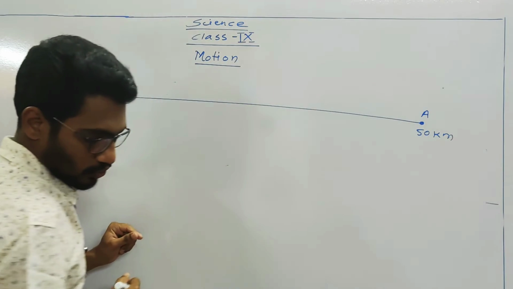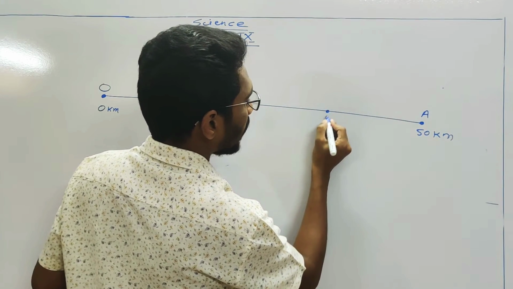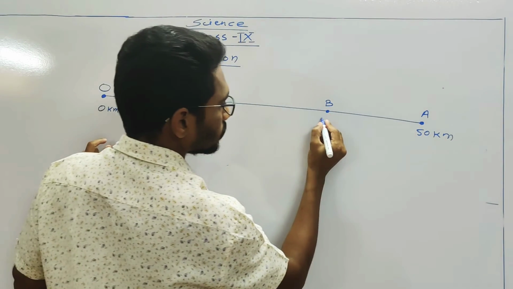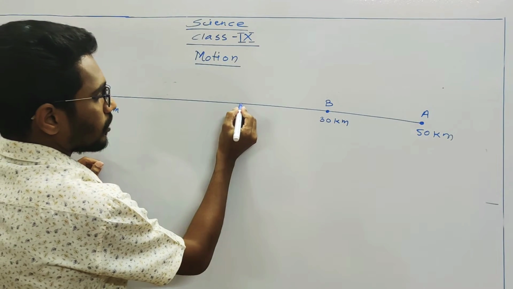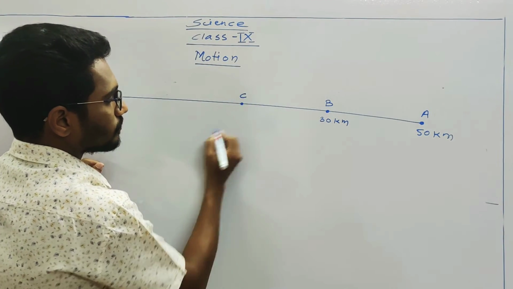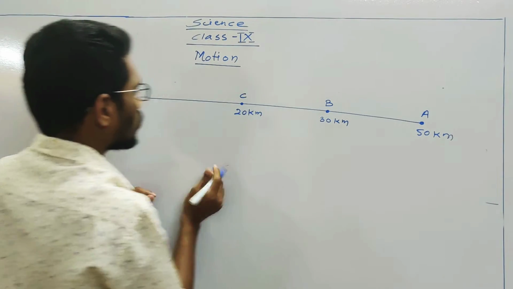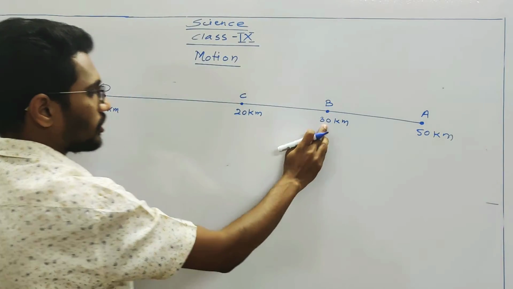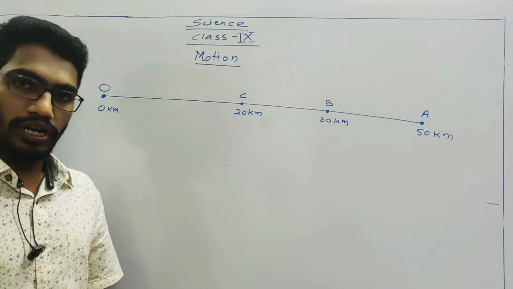Then 50 kilometer. Okay. Then here we have B, which is from O at 30 kilometer. Now this one is C, from O it is at 20 kilometer. So O to C 20, O to B 30, O to A it is 50. Done.